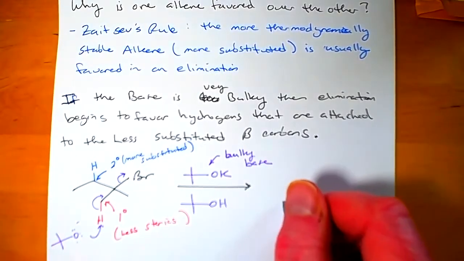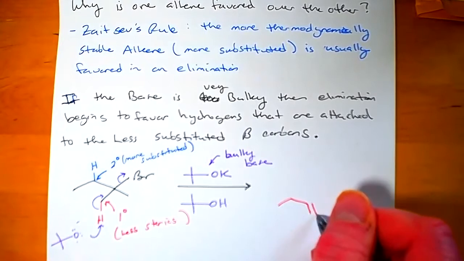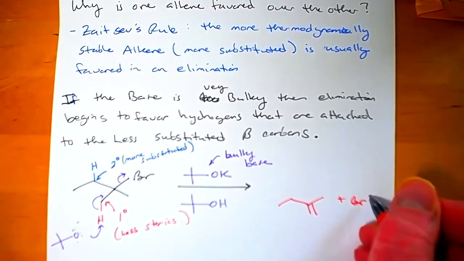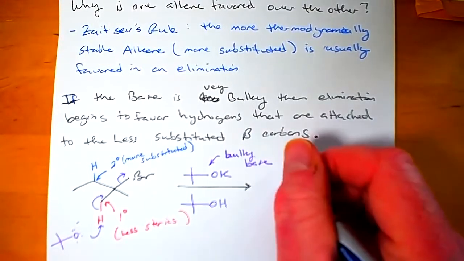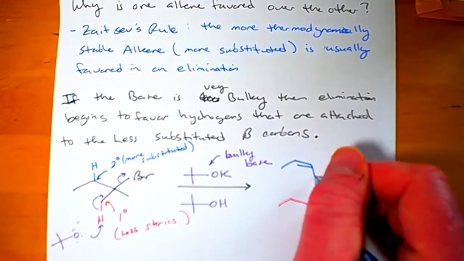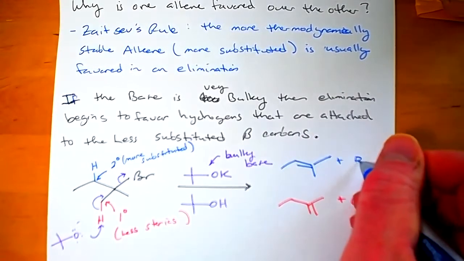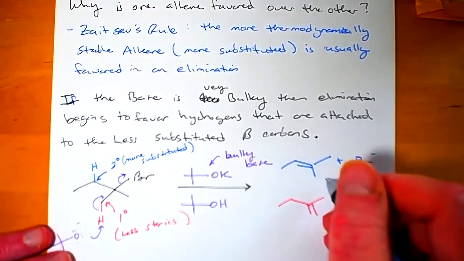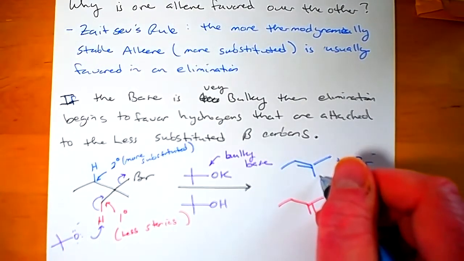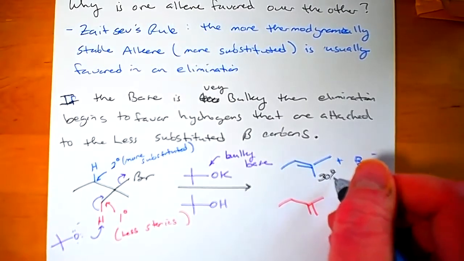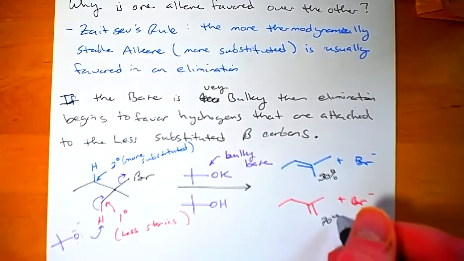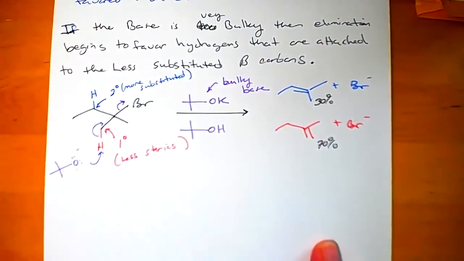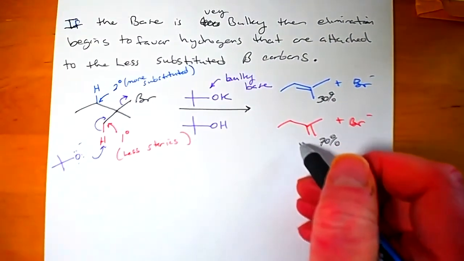the red system, which I'm going to draw in the same place that we saw before, versus the blue system. Okay, the selectivity now is flipped. We're now seeing about a 30% yield of the Zaitsev product and about a 70% yield of the less substituted product.